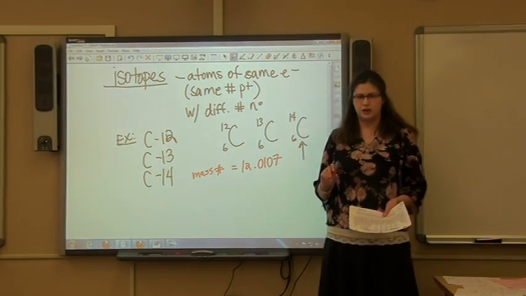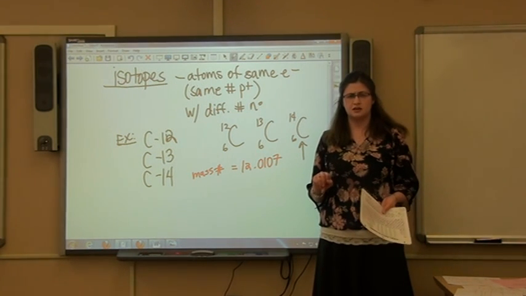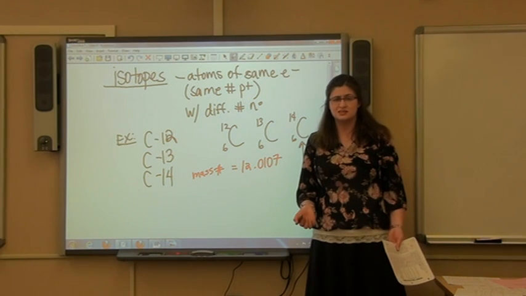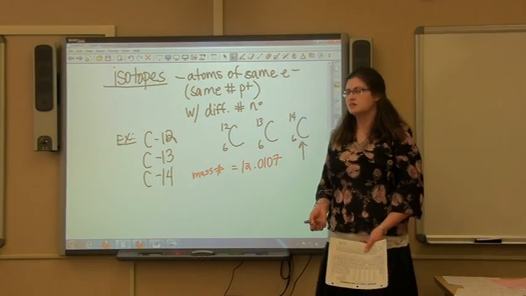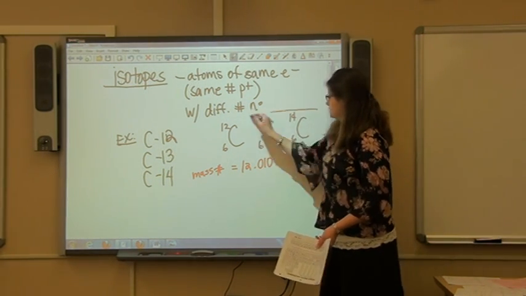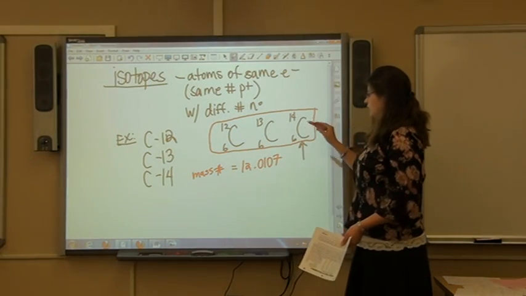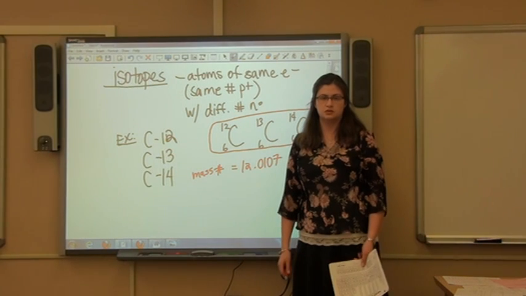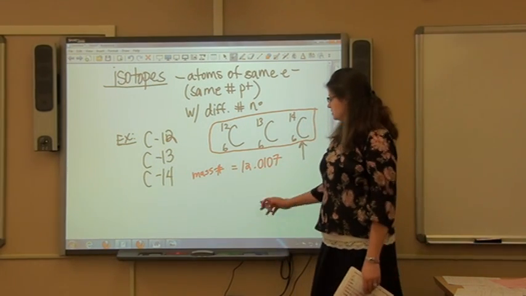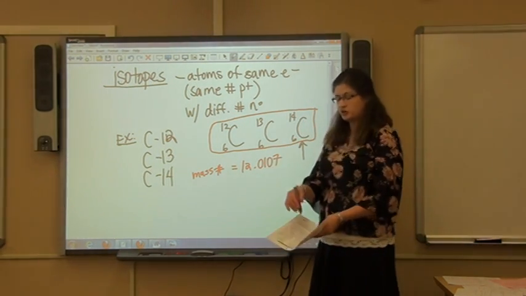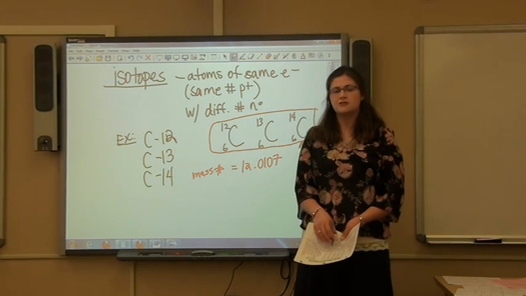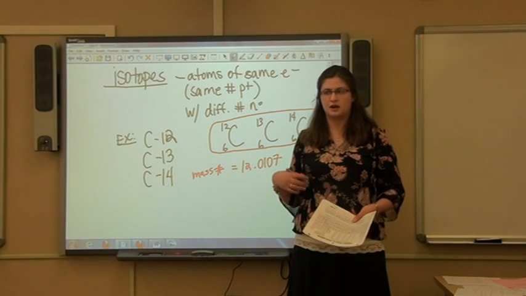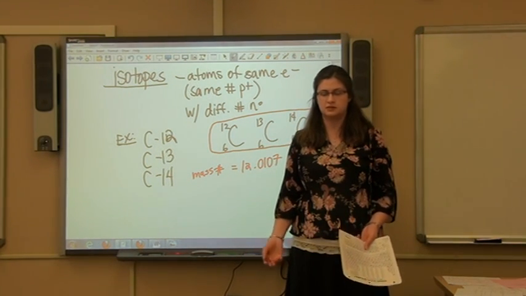Okay, so you're probably thinking, but how, you said that each proton and each neutron has a mass of 1. How do you get these decimal points? Well, the thing is that each of these three substances occur naturally in nature, and they occur to a certain percentage of all of the carbon that's in the universe. And so this mass number on your periodic table is calculated based on a weighted average of each of the isotope forms of your substance.